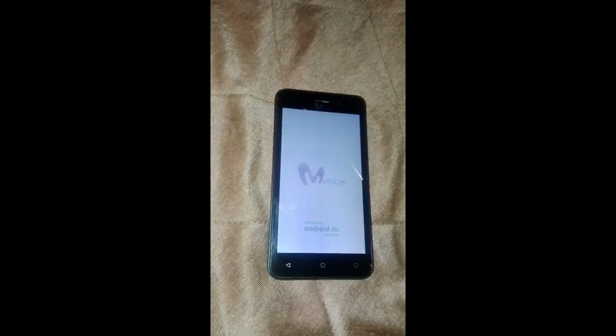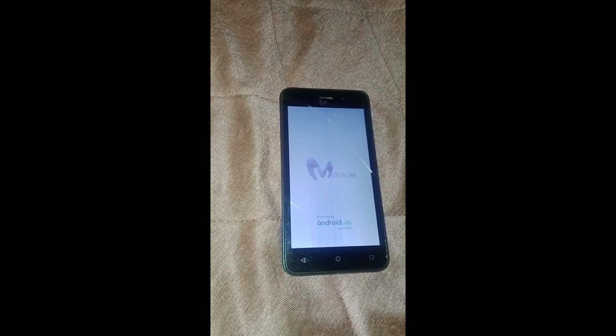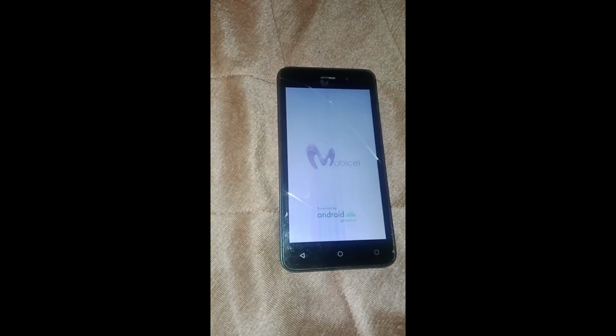This is Mobicel Switch Plus. Okay, we're still waiting for a while.